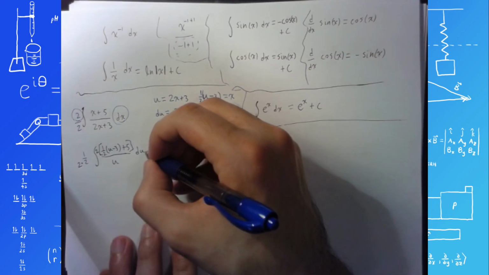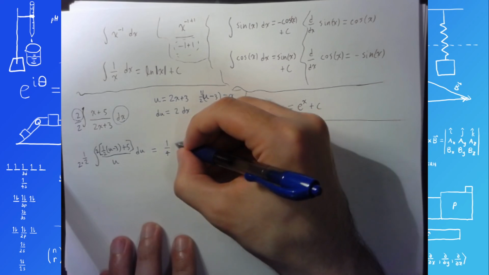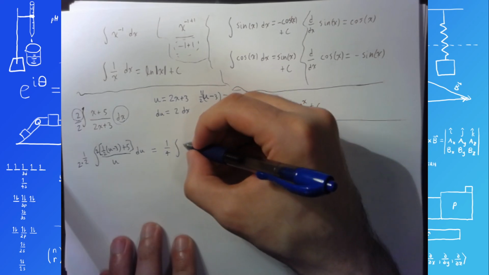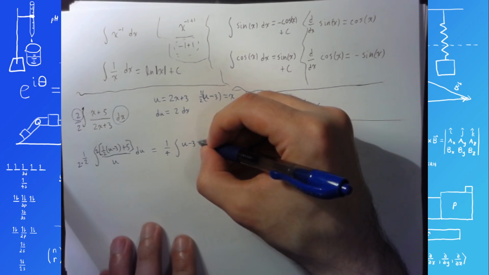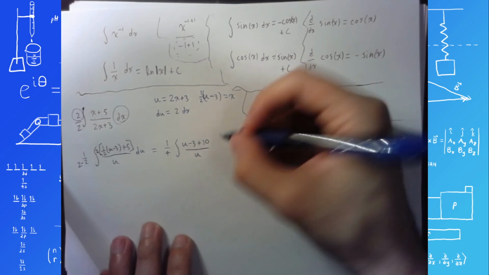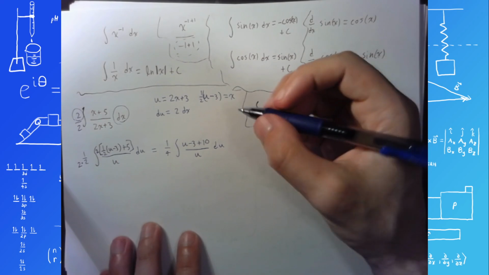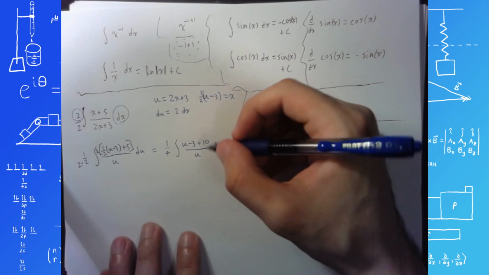That gives me 1/4 integral of u minus 3 plus 10 over u du. U minus 3 plus 10, that's u plus 7, u plus 7 over u.